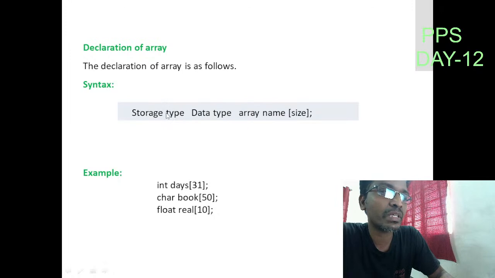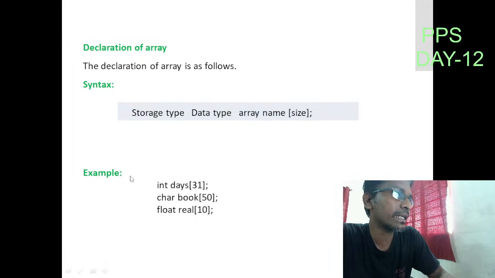Then comes the data type, so it is integer type, character type, or float data type, and so on, followed by the array name, followed by the size of the array, terminated by a semicolon. So this is the syntax of the declaration of an array.